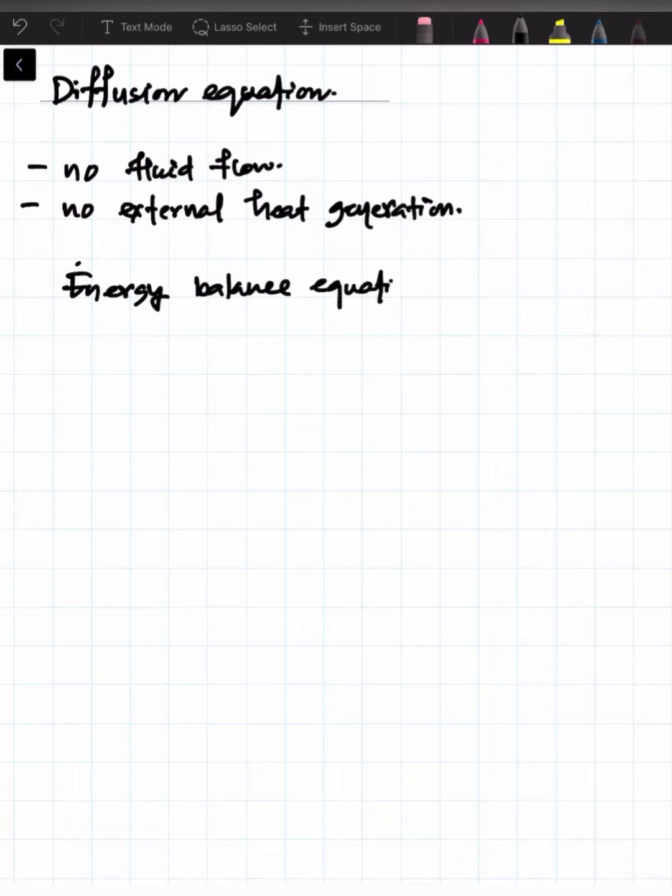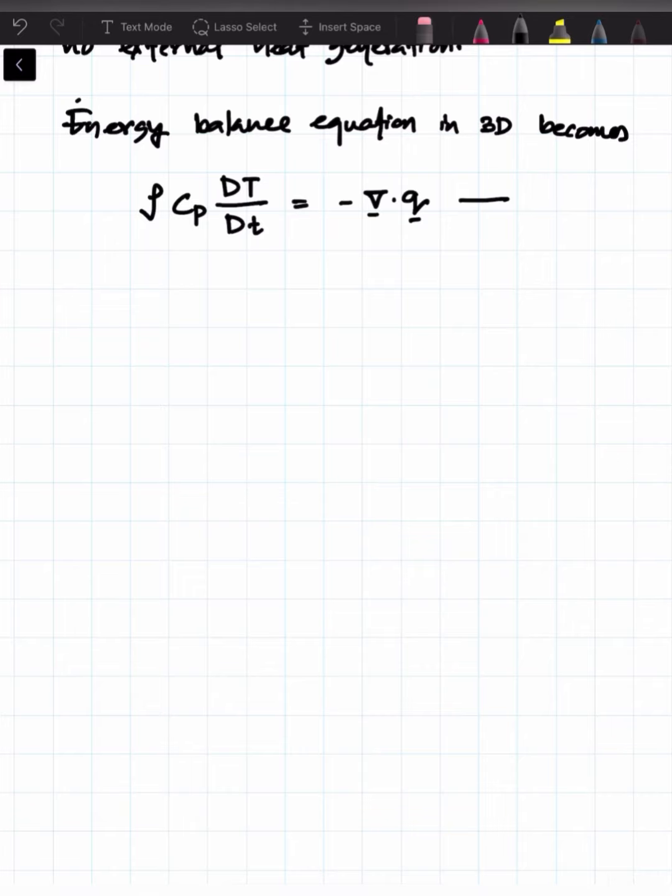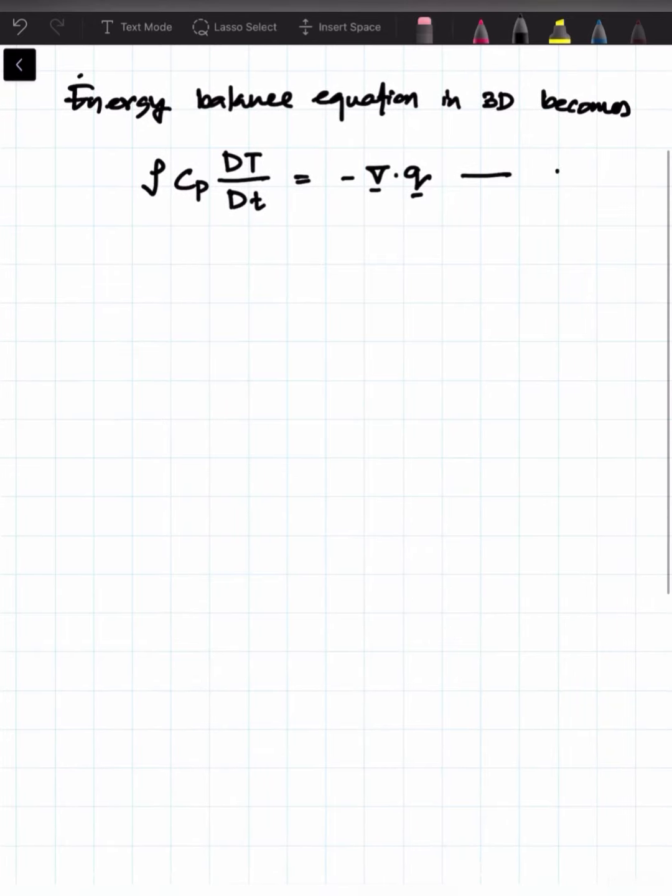So if you write an energy balance equation for such a system in 3 dimensions, it will generally look like this: rho Cp DT/dt equals minus del dot q, where q is the heat flux vector that we have discussed before.